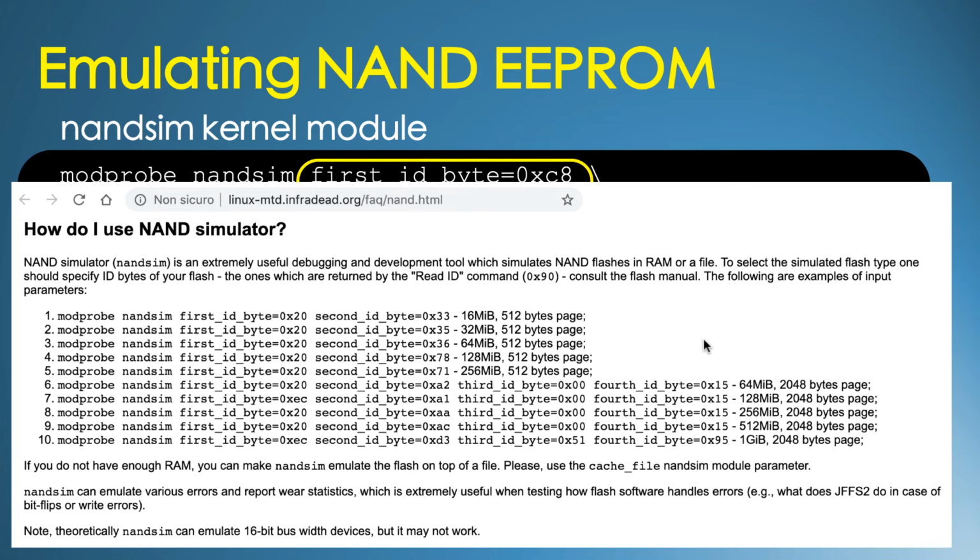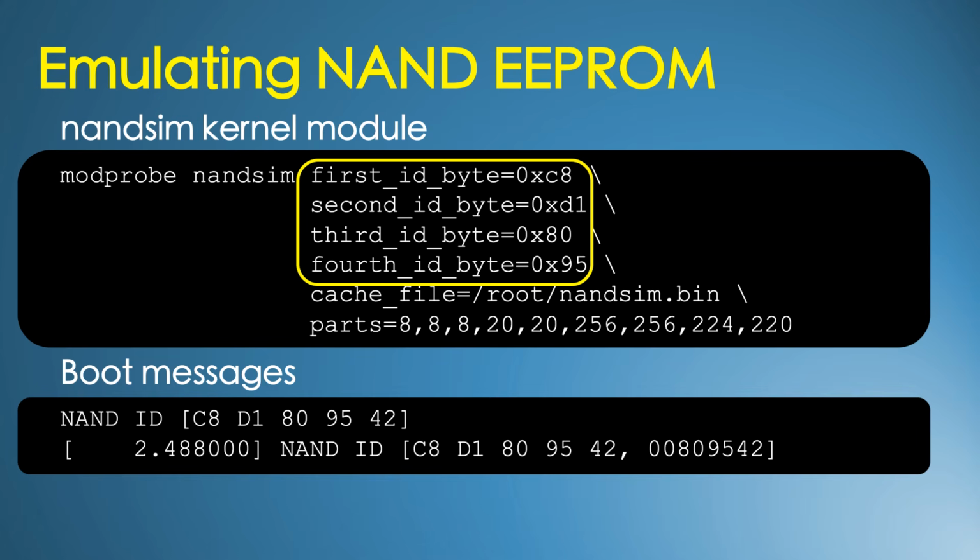We can look if during boot on the serial console the bootloader or the kernel printed these values. In our sample Gemtek router, the bootloader and the kernel printed the shown lines during boot, containing the ID bytes of the EEPROM. In the modprobe, we used the first 4 of these values.